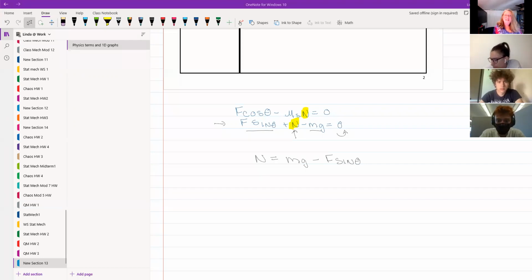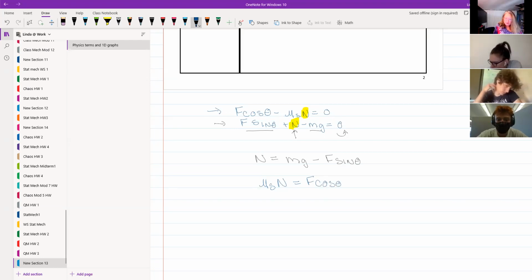All right. So move everything to one side of the equation. Just start with the easiest thing and then look for the next thing. Then I'm going to go to this equation and do the same thing: solve for the normal. I don't like negative signs, so I move the negative thing to the other side to make life easier. Then I'll have mu s times the normal equals force cosine of theta.